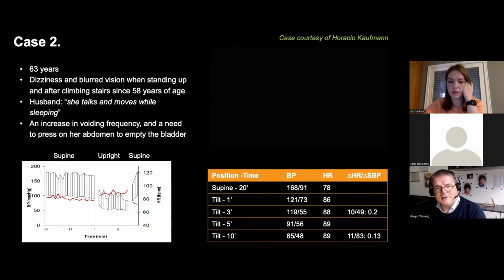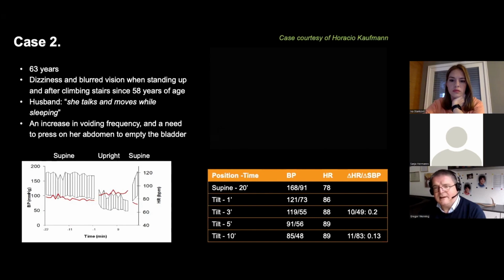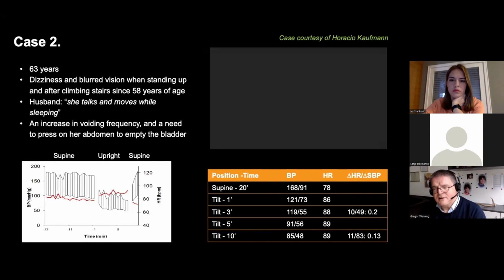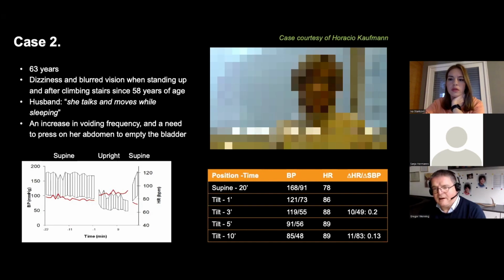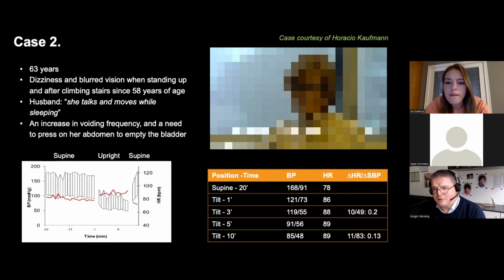And the husband reported RBD-like phenomena during sleep, talking and moving around during sleeping, an increase in voiding frequency and a need to press on her abdomen to empty the bladder. So some urological involvement as well. This here shows you the tilt table test result with a dramatic drop of blood pressure.